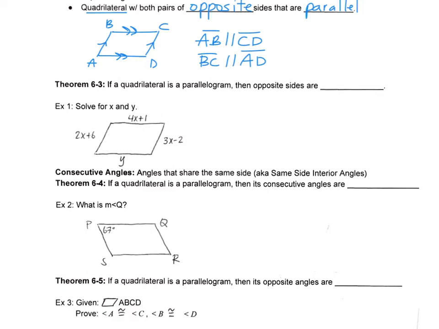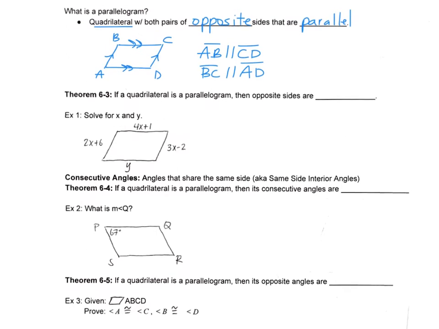How would AB and CD in that picture up above relate, other than being parallel, do you think? They're the same measure. They're congruent, right? So AB is congruent to CD, or BC is congruent to AD. So if a quadrilateral is a parallelogram, then opposite sides are congruent.